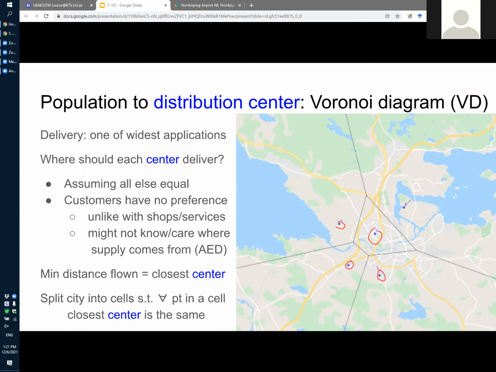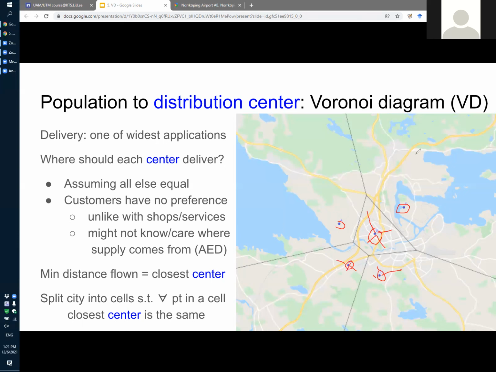So these are the possible delivery centers from which the drones would deliver. How would you split the area, in this case, the city of Norrköping and surroundings, so that in every cell of the partition, you have the same distribution center that delivers to all customers in the cell? So this center would deliver everywhere here, this center would deliver everywhere here, and so on.